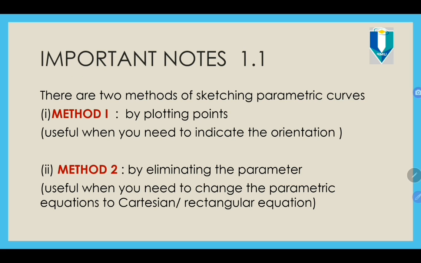This is useful when you want to change the parametric equation to a Cartesian or rectangular equation. So please bear in mind that you have two methods: method number 1 by plotting, and method number 2 by eliminating parameter t.